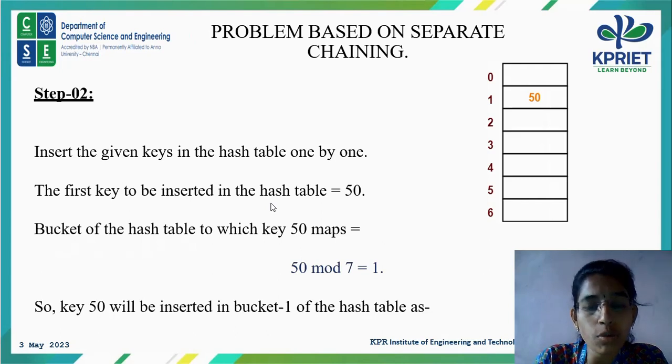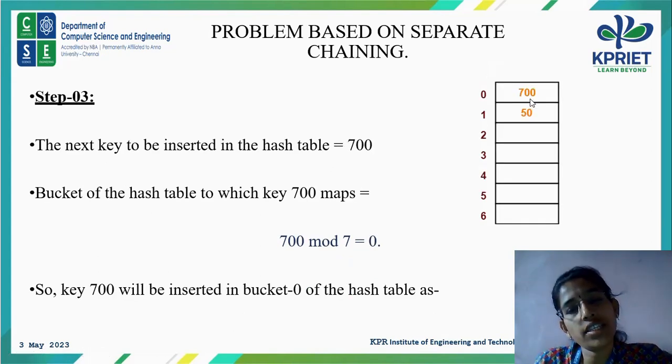So I store my data 50 in the table at the first position. After getting hash value 1 from this hash function, I store the data 50 at the first place.